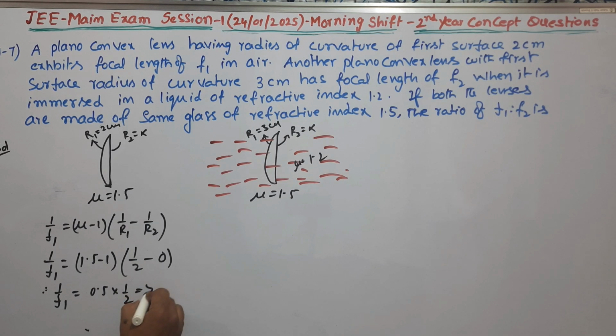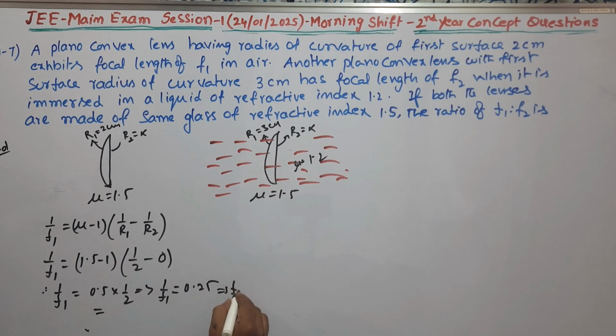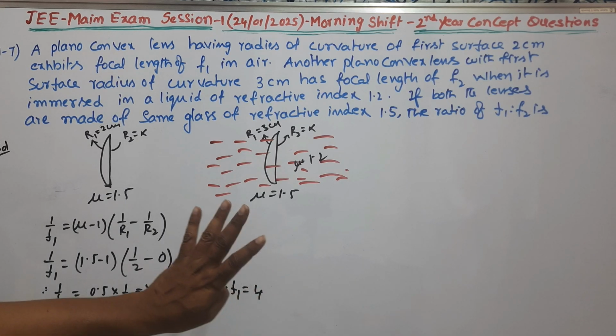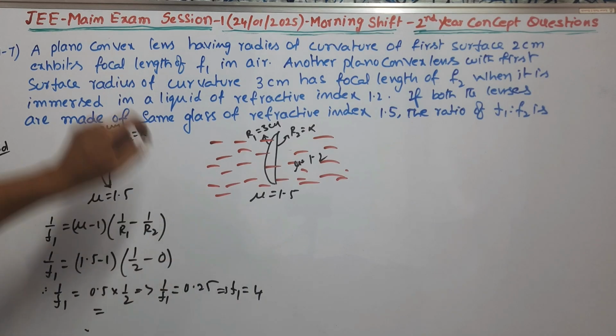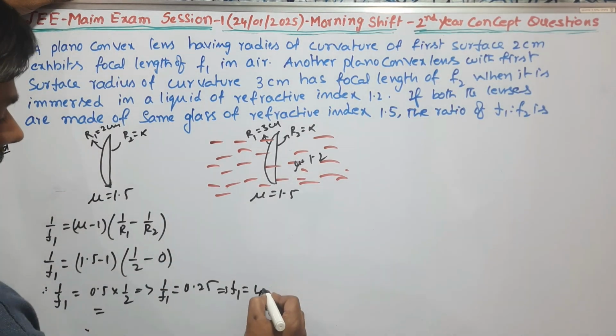That implies f1 is equal to 4, isn't it? 1 by f1 is equal to 0.25. Is it correct? 25 by 100 means 1 by 4. Yes, f1 is equal to 4.